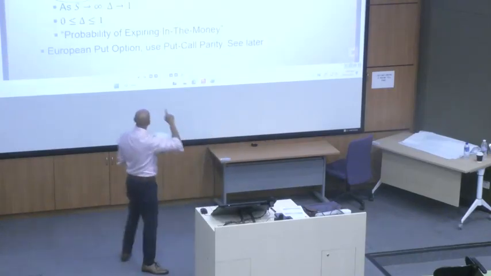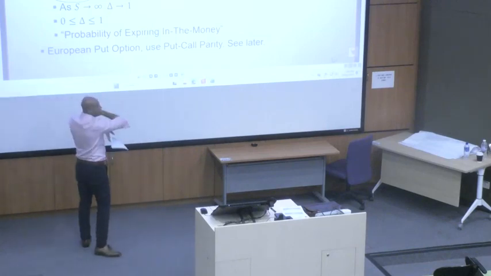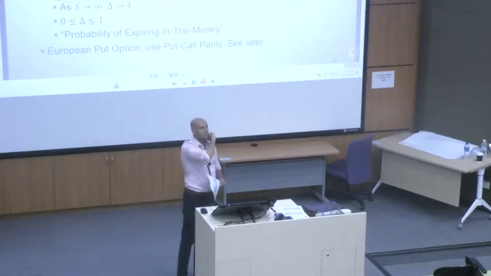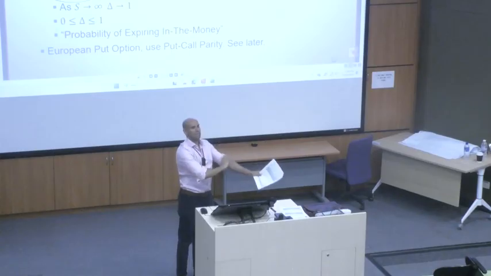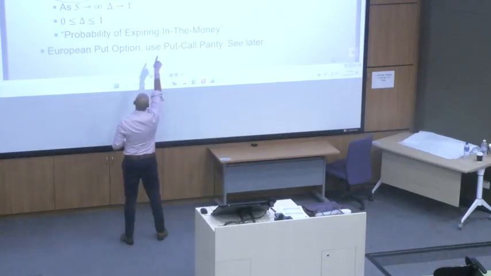For the call option, we can take two obvious limits. What happens as S goes to infinity, and what happens as S goes to 0. And we just do the maths now. As S goes to infinity, what do we get? Well, all these are constants here.